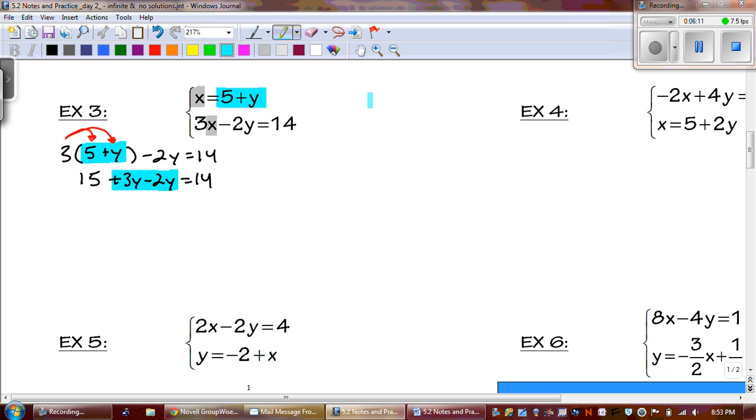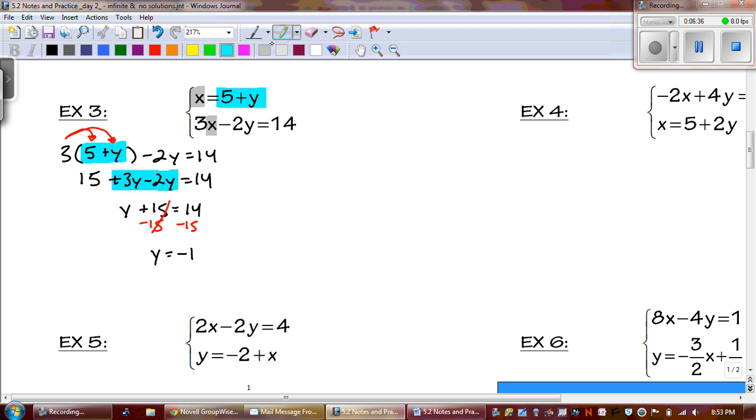Alrighty, let's combine like terms. 3 minus 2 is y. Well, these didn't cancel out now. So now I know I have to solve. So we're going to subtract the 15. So the y is all by itself, and we get that y equals negative 1.